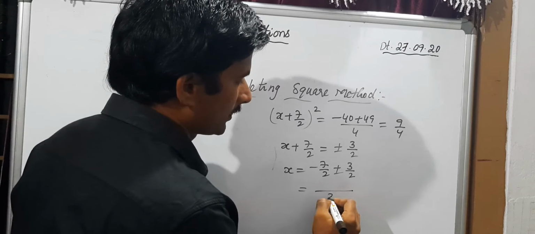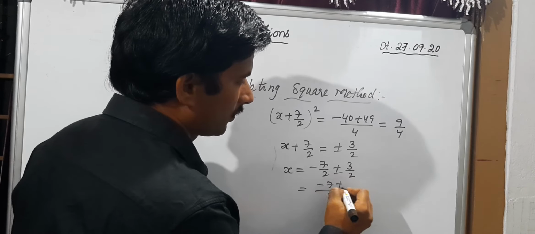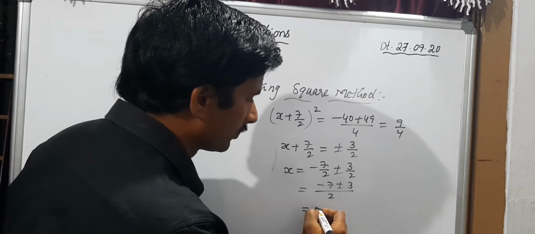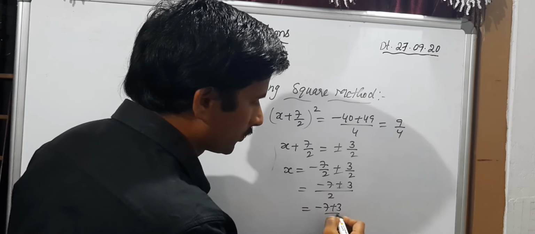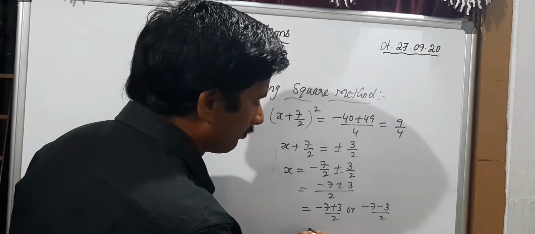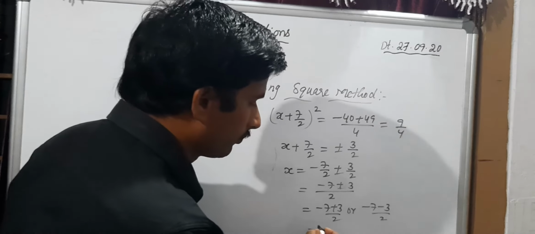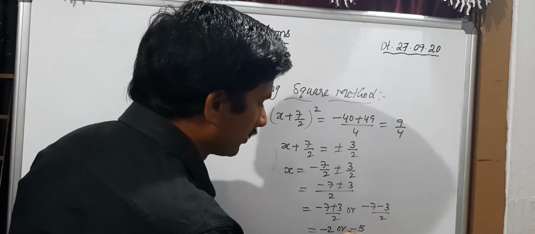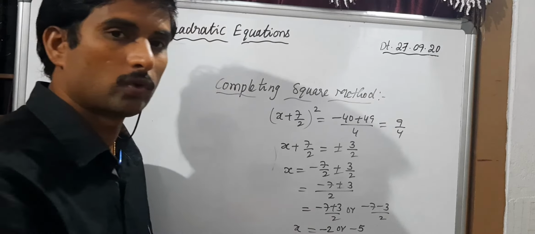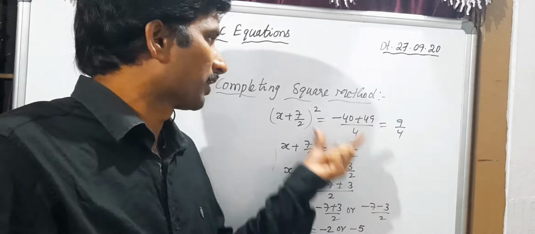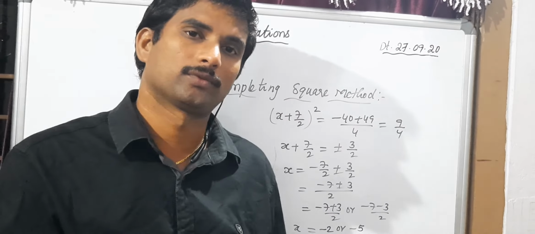On taking the LCM, we have minus 7 plus or minus 3 whole by 2, that is minus 7 plus 3 whole by 2 or minus 7 minus 3 whole by 2. Minus 7 plus 3 is minus 4 by 2, which means minus 2, or minus 10 by 2, which means minus 5. So x is equal to minus 2 or minus 5, which are the roots of the given quadratic equation by the method of completing the square.